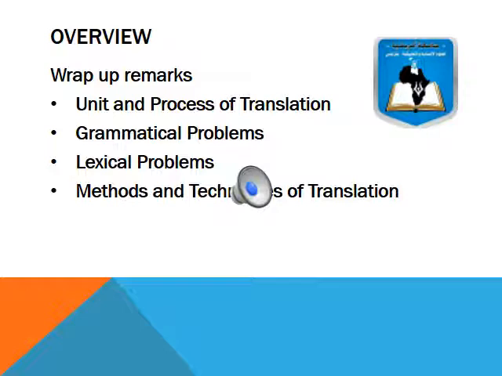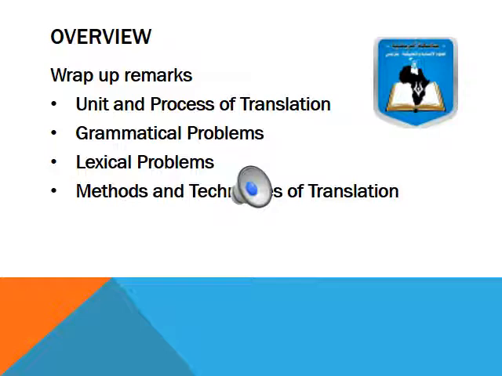Also, we talked about the different types of methods and techniques of translation, because we looked into the types of translation as well. We looked into interpreting, conference interpreting, simultaneous and consecutive interpretation, which you can find practically in the world.